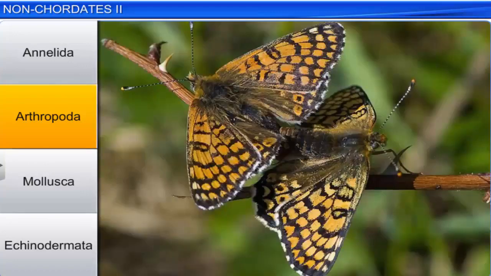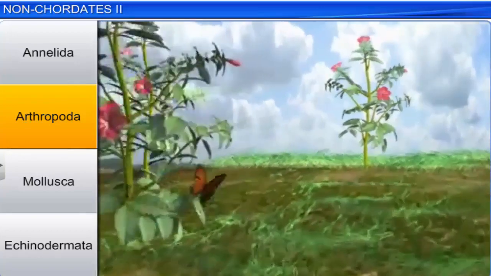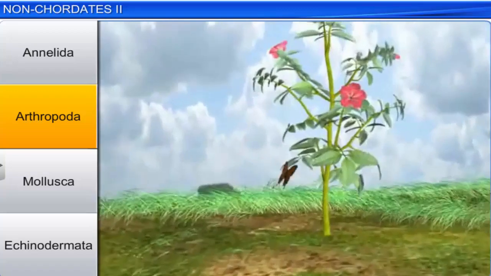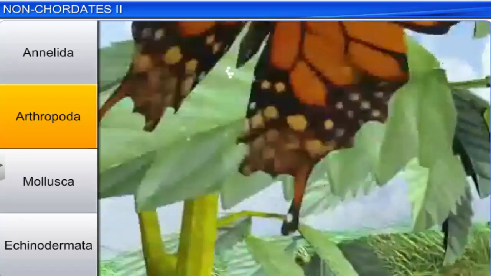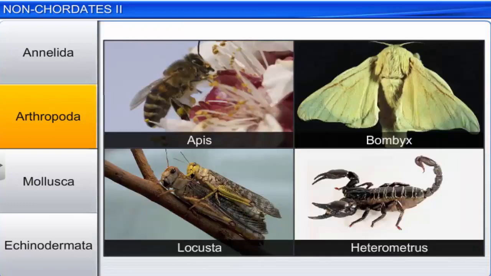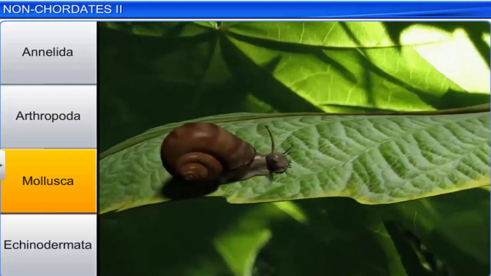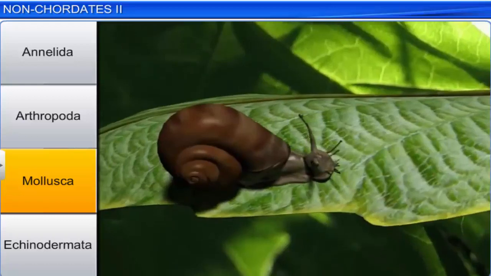In arthropods, the sexes are separate and fertilization is usually internal. They are mostly oviparous, with direct or indirect development. Some common arthropods are Apis, Bombyx, Locusta, and Heterometrus. Phylum Mollusca is the second largest phylum of Animalia.